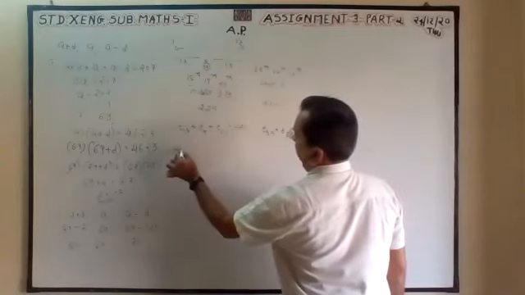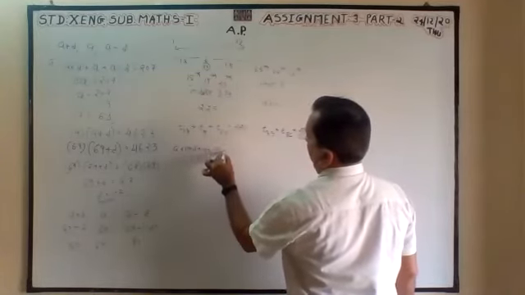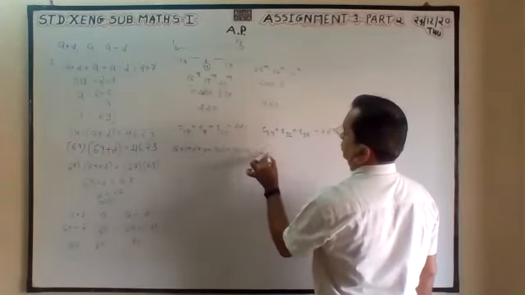So this is A plus 17D, A plus 18D, A plus 19D equals 225.